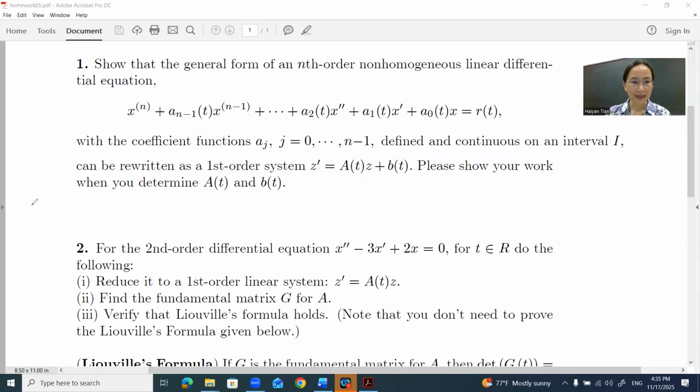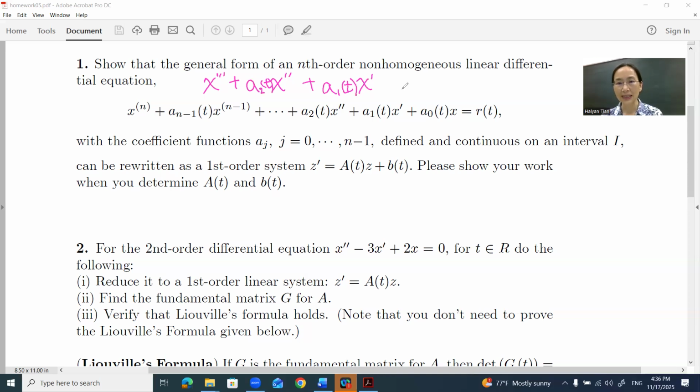So let's say I have x third order, plus some coefficient times x second order. This coefficient will be the coefficient of the second order derivative. Let's use a2. It might depend on t. And then here, x first derivative, let's call it a1, some coefficient given.